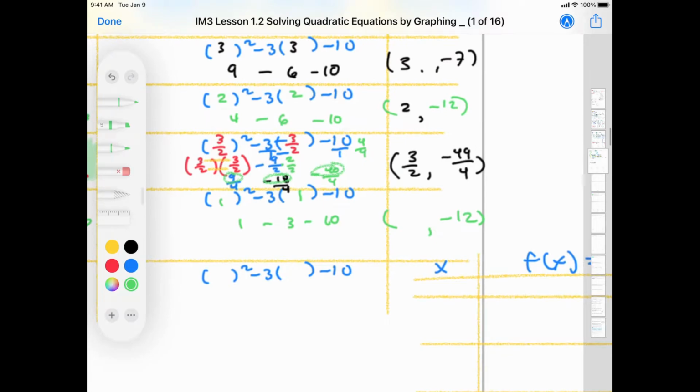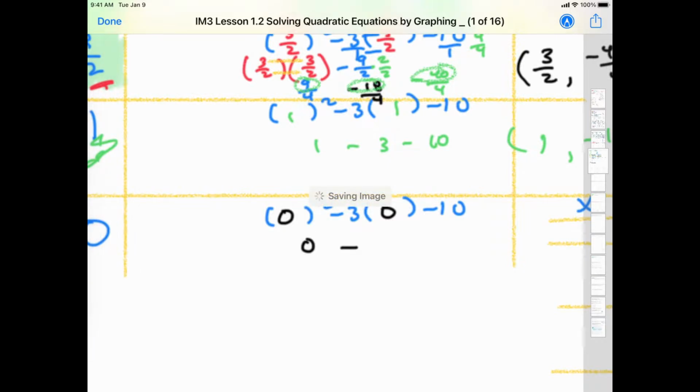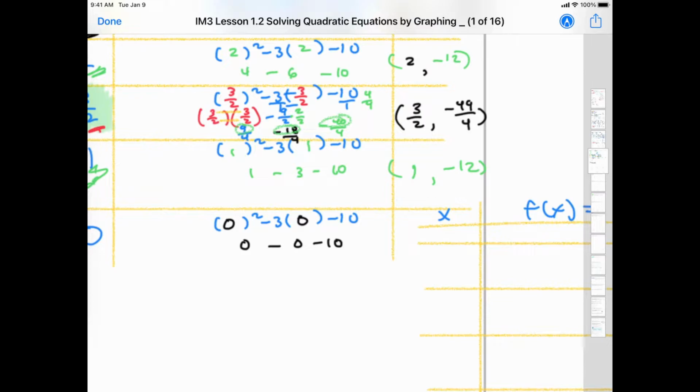And what do we put in there? 1 comma -12. All right, what's the last one? Oh yeah, my favorite 0. 0 minus 0 minus 10 gives you -10. So we're going to have 0 comma -10.